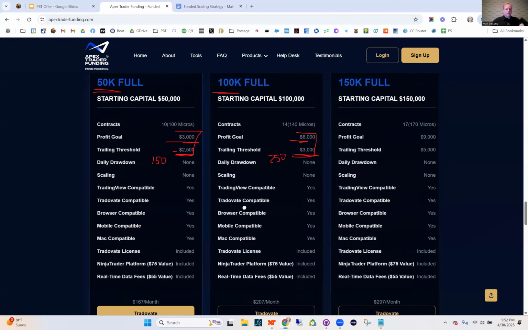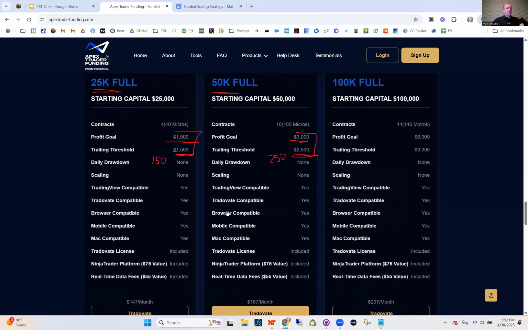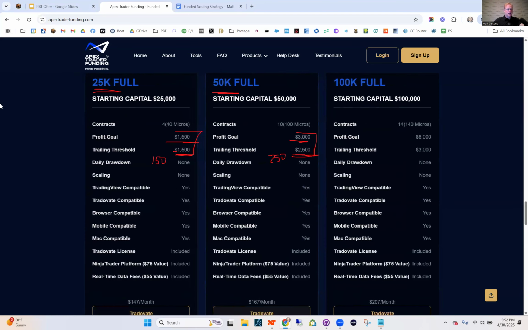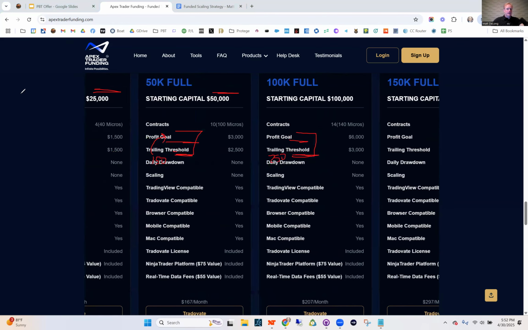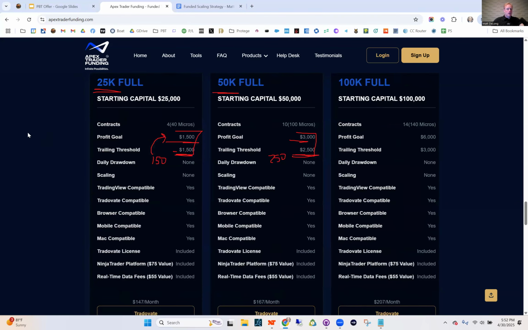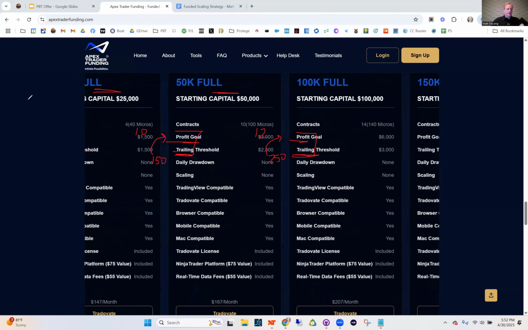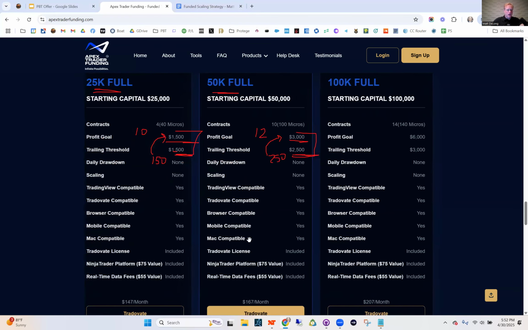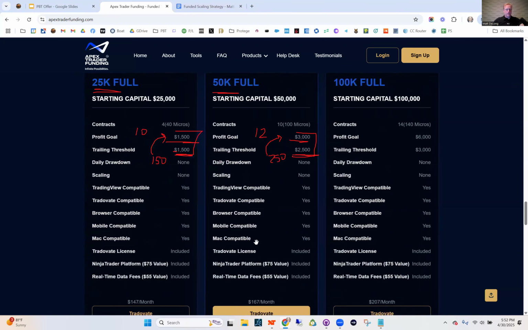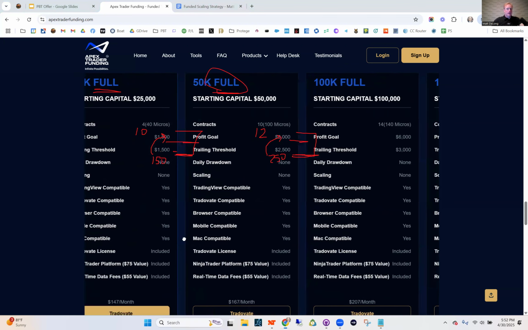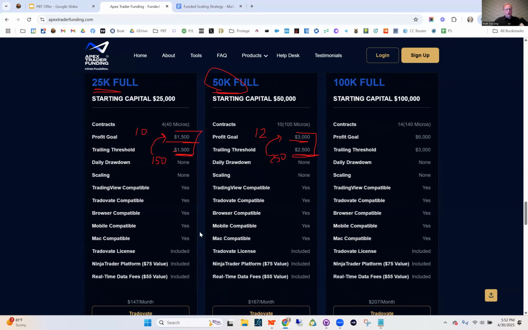If I can hold these numbers in place, I would need 10 trades to hit my $1,500 goal, or 12 to hit my goal here, right? The difference is just 2 extra winning trades. Now keep in mind, it's not 12 in a row. It's a net of 12 trades, right? So basically 2 more trades and you get double the buying power. That is a little bit more work to get quite a bit more buying power.